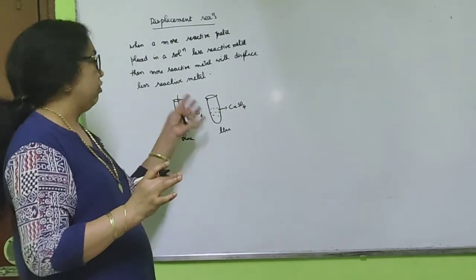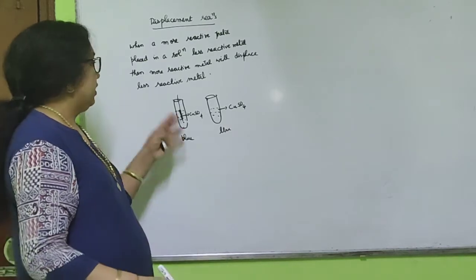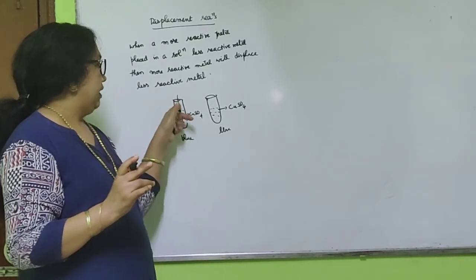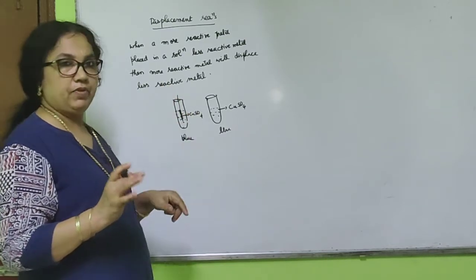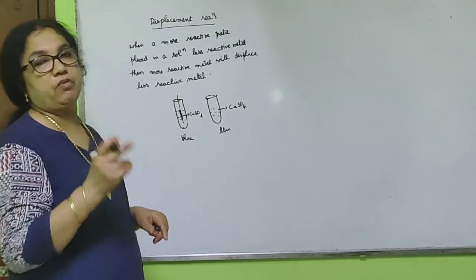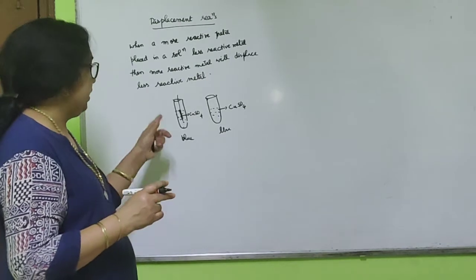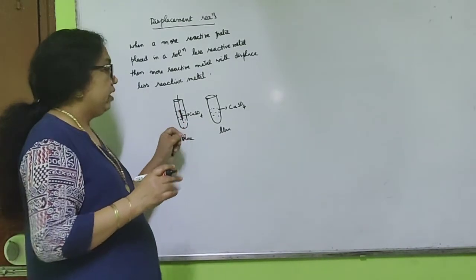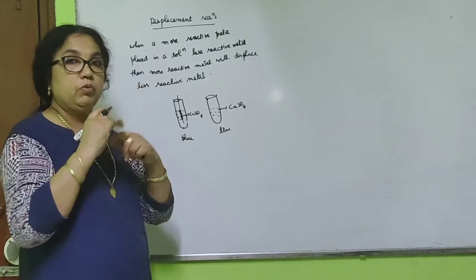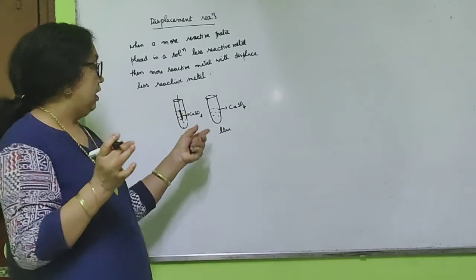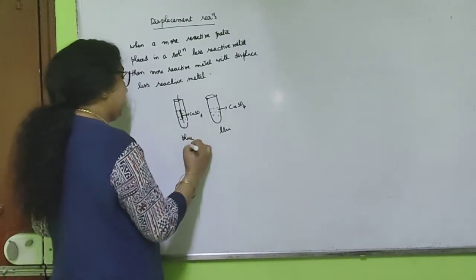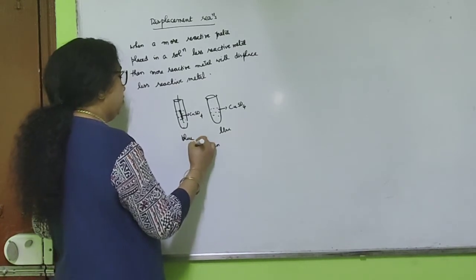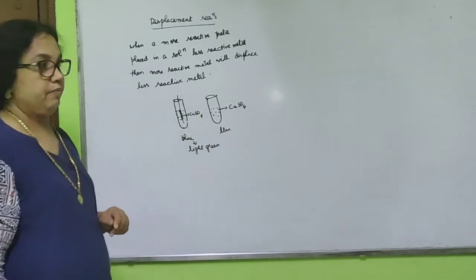After some time you have to check. Then we can see the iron nail immersed in copper sulfate has a brownish color. The color of the copper sulfate was first blue. Now the blue color starts to fade and becomes light green.